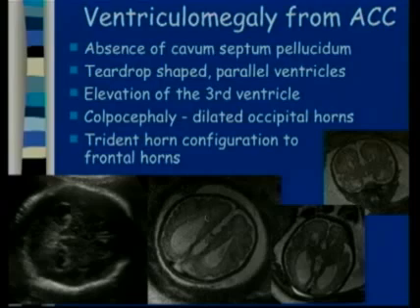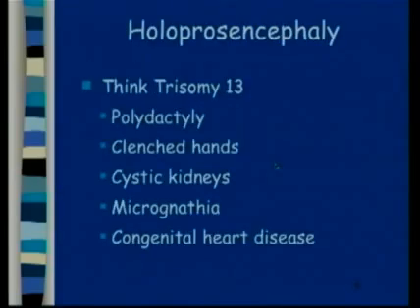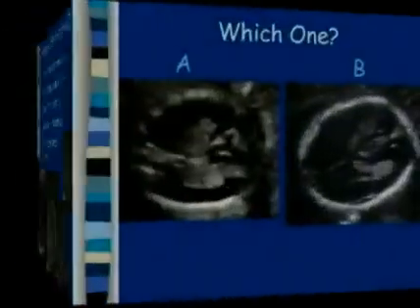This appearance of the teardrop is called colpocephaly, with dilatation of the occipital horns. And the frontal horns have this trident horn appearance, and that is classic for ACC. So let me go back and just show you the teardrops here on the original picture, that teardrop parallel picture of the ventricles. That's usually the one thing that we can pick up.